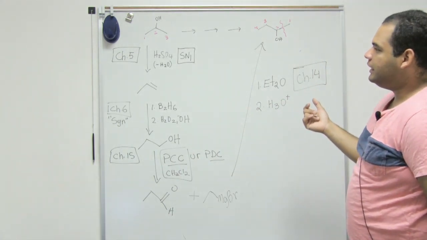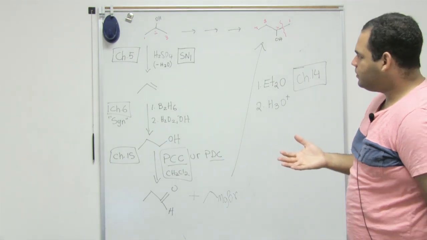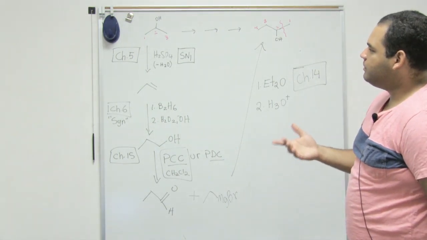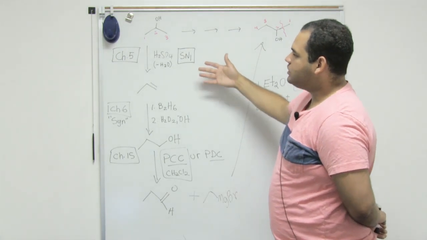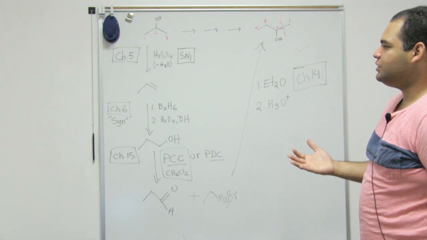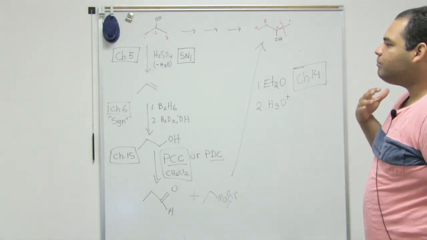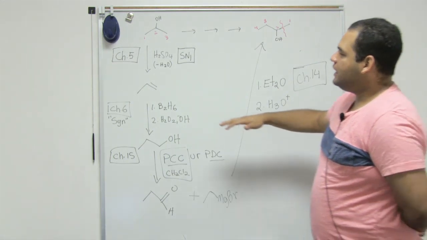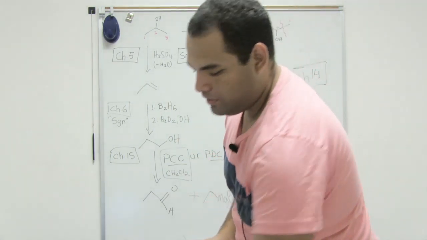Therefore, even though we are in a 352 course, we still need to remember chemistries from 351. If you don't remember what we talked about in chapter 5 or chapter 6, I would say go back and review, because these initial steps will show up over and over and over when you're doing synthesis.